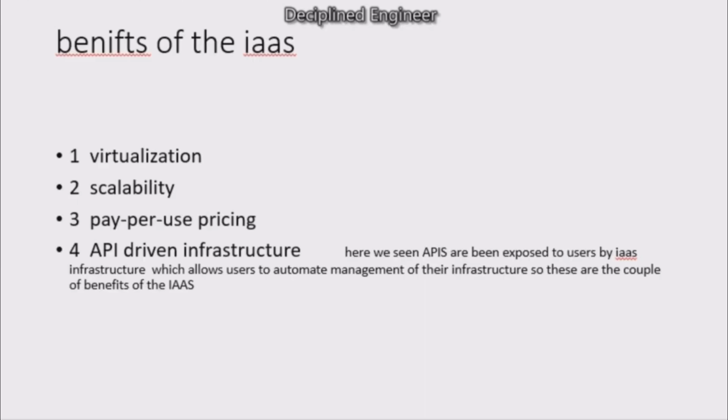The main benefits of infrastructure as a service are virtualization, scalability, and pay-per-use based pricing. This means you don't have to pay a large upfront cost for the system, and you get much cheaper access to newer technologies.